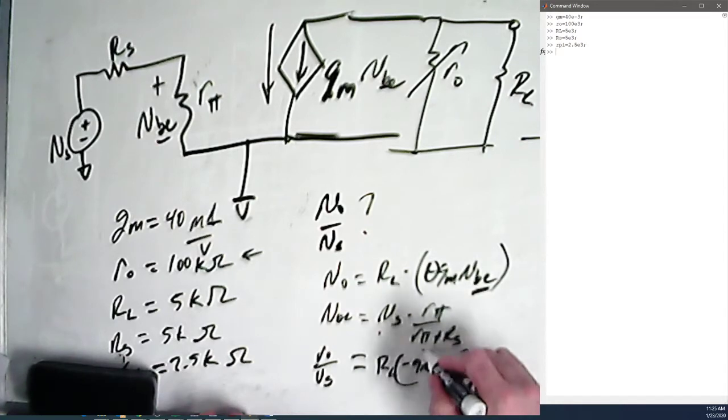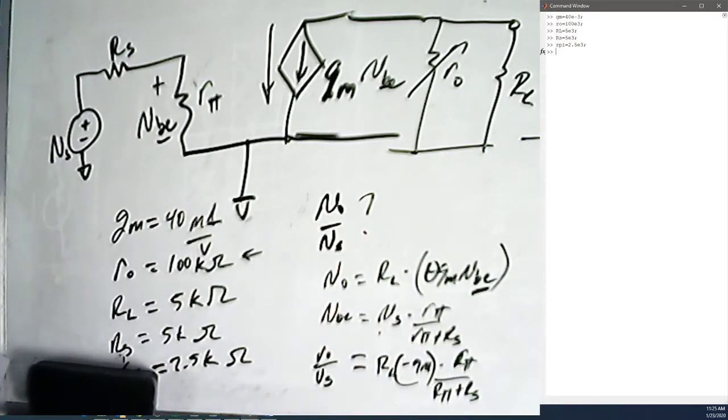So that's what it should be to get the final gain. We're going to crank all those in there just exactly like I have it there, which is going to be RL. So I guess RL does come up. I was wrong about that. Times negative gm times R pi over R pi plus Rs.